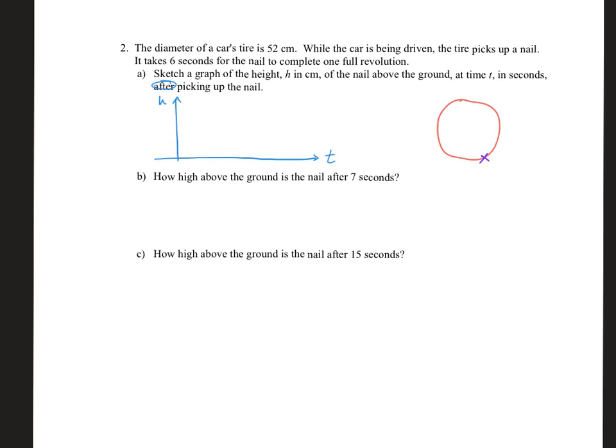So if we imagine that my tire was going this way, the height of the nail starts to increase. It's then going to increase up to its maximum. The height then decreases, and then it returns all the way down to the ground. So if we start with that, we pick up the nail at ground level, and the height of the nail increases.